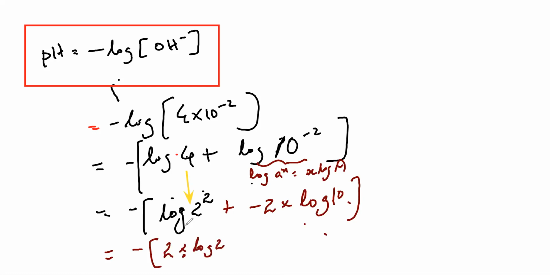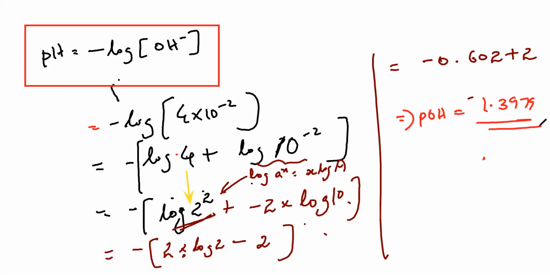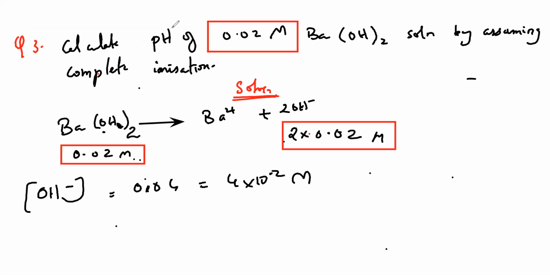This again is also log of A power X form only. Minus 2 into log 10 is 1. So this implies, minus 0.602 plus 2. So pOH value is equal to 1.3979. But in all our questions, the question is to find pH.